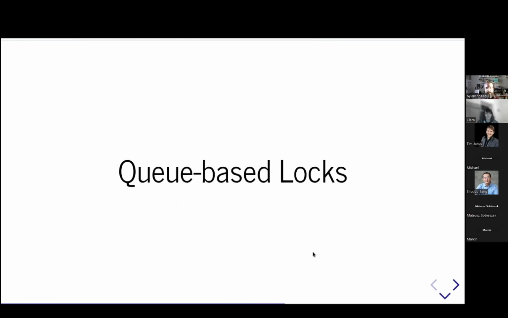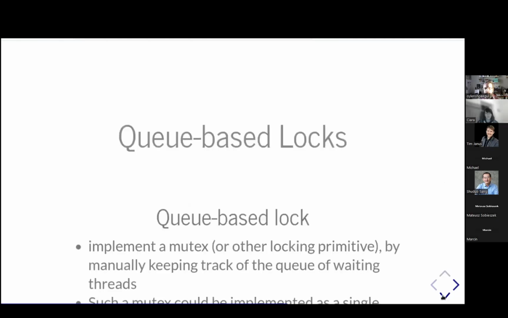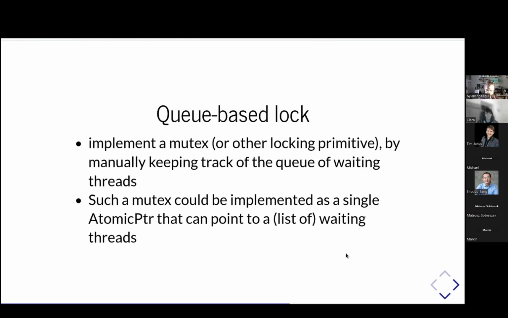Next up, queue-based locks. This is something we usually think of as the operating system doing, but we could do it ourselves in user space, or maybe we're writing an operating system. We could implement a mutex by manually keeping track of the queue of waiting threads, and then we need some sort of atomic pointer to the list of waiting threads.